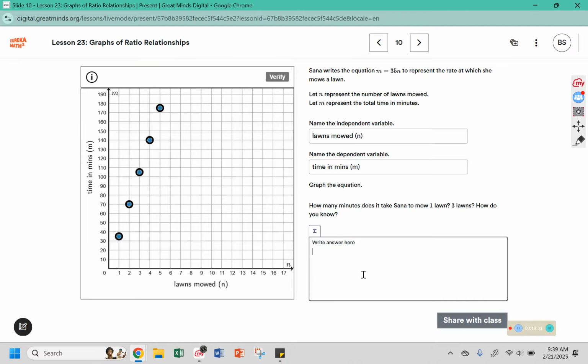How many minutes does it take Sana to mow 1 lawn? It takes her 35 minutes to mow 1 lawn. How about 3 lawns? It takes her 105 minutes to mow 3 lawns.